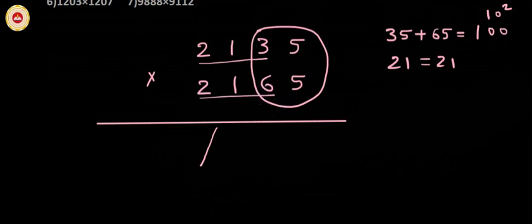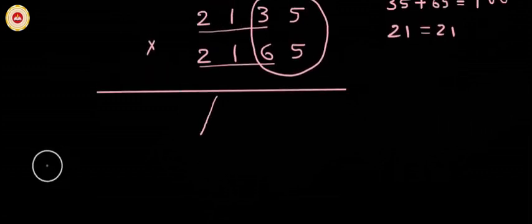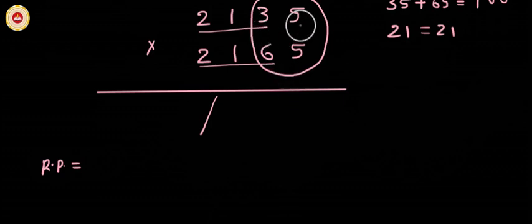Let us calculate the right part first. Multiply the digits whose sum is 10 or its powers. In this case 35 and 65. So multiply these two numbers.